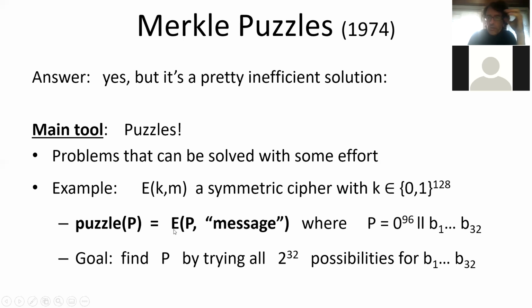First of all, treat E as an ideal cipher. So it's a stronger modeling tool that we have used already several times. Which means that for every key, not just randomly distributed, E behaves like a random permutation.